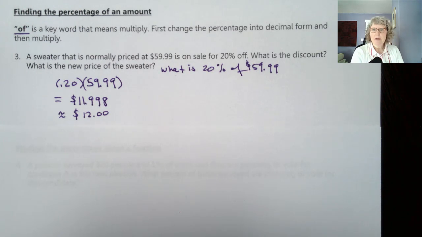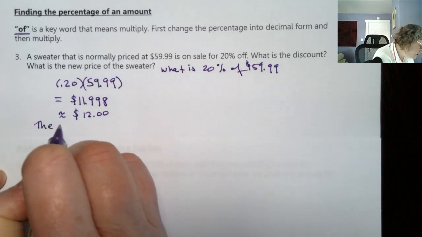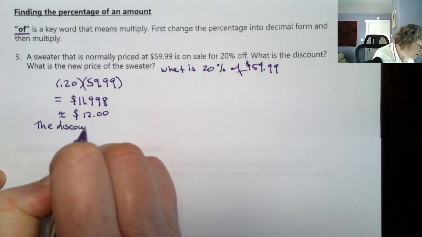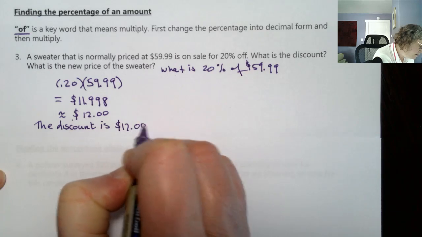And then I bet you have an idea of what to do to find the price of the sweater. So how much would the sweater actually cost? Okay, if you said subtract, you're right. So I'll answer the first question first. The discount is $12.